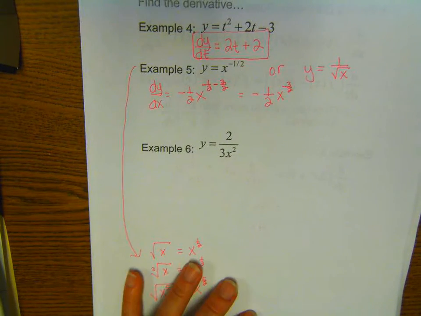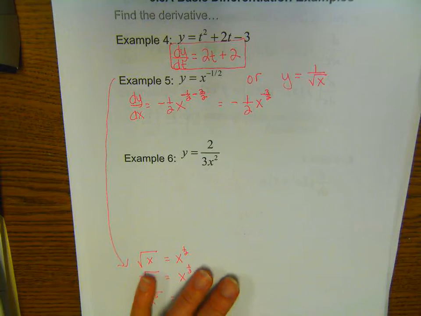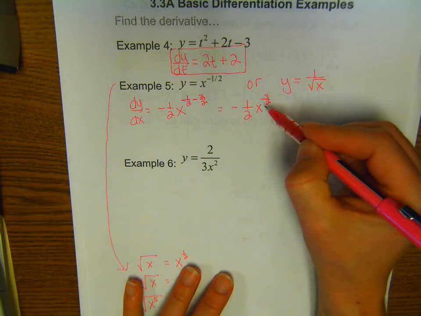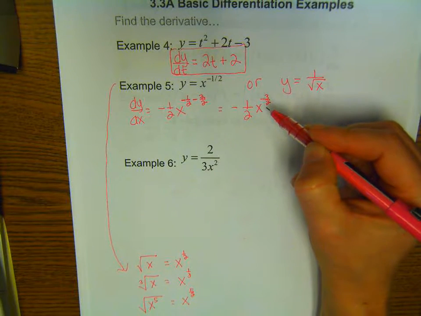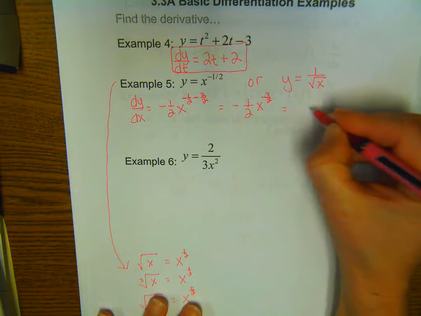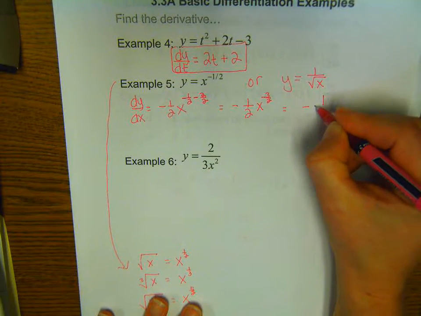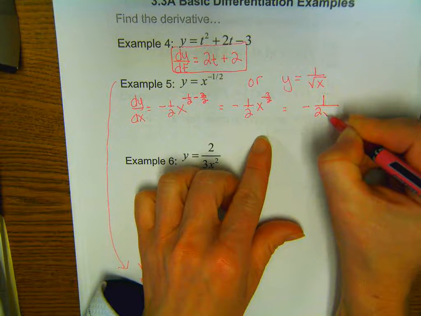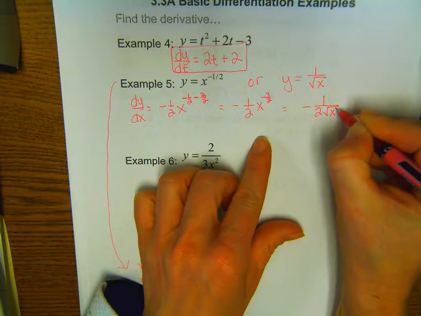If I wanted to put that back into radical form, the negative just means it's going to be in the denominator, it's going to be raised to the 3rd power, and that's a square root. So we have -1/2, because of the half, square root of x cubed.